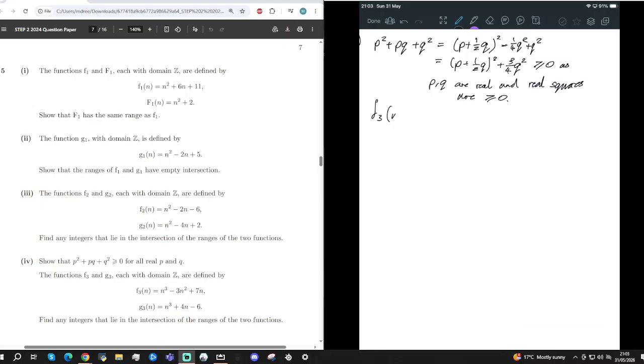I'm going to write f3 of n, and we're going to try and complete the cube. Now, when we complete the square, we halve the coefficient in front of the n term, and that was because n plus a squared is n squared plus 2an plus a squared, and there's the 2 that we had to deal with.